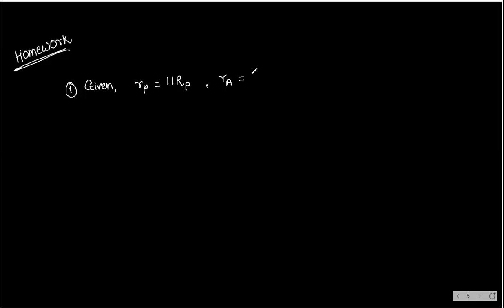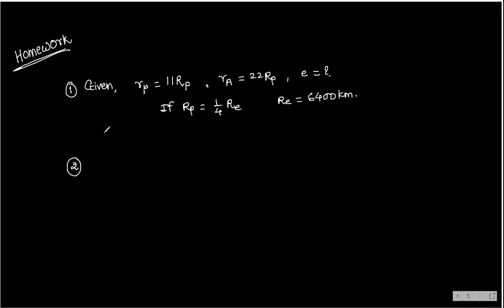Ra is equal to 22 Rp and find out E if Rp is equal to 1 by 4 times radius of Earth, and radius of Earth is equal to how much? 6,400 kilometer. Understand?